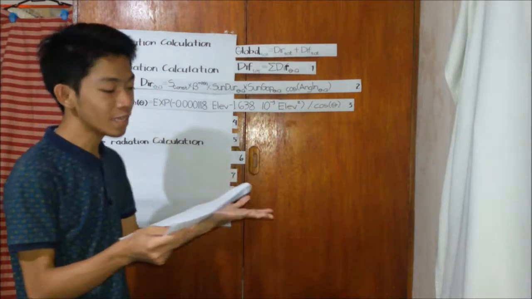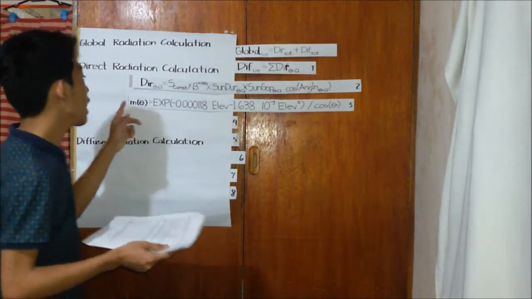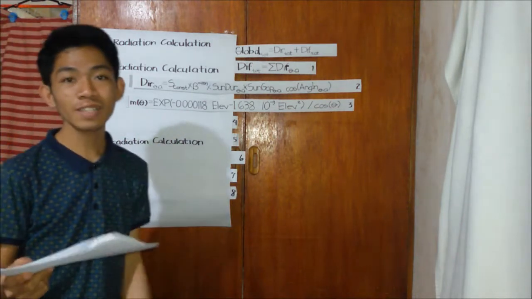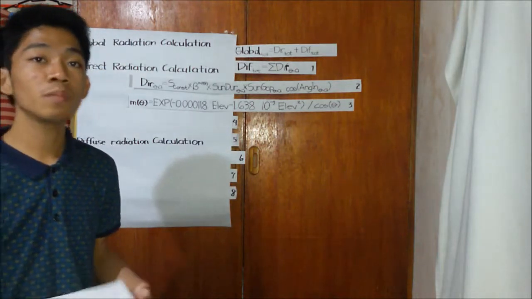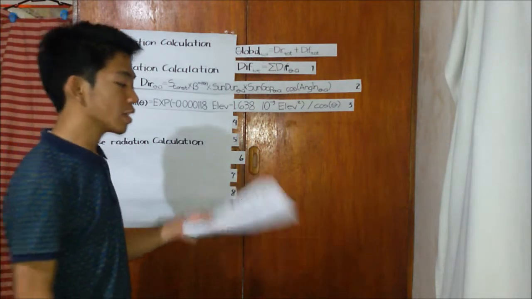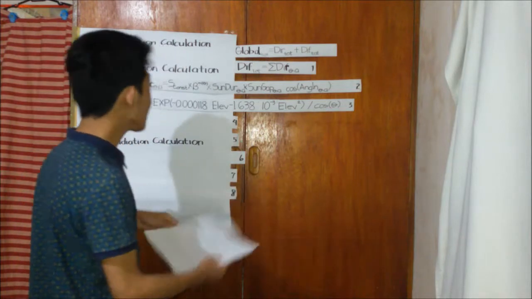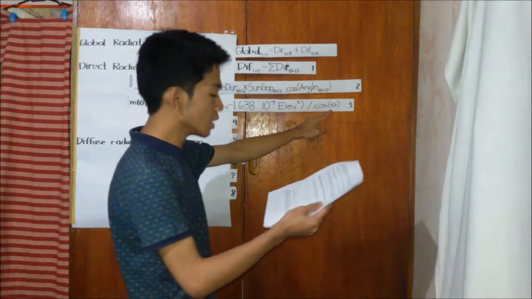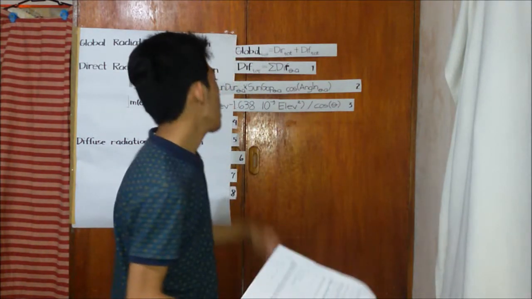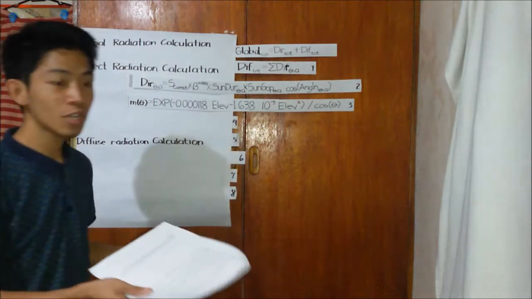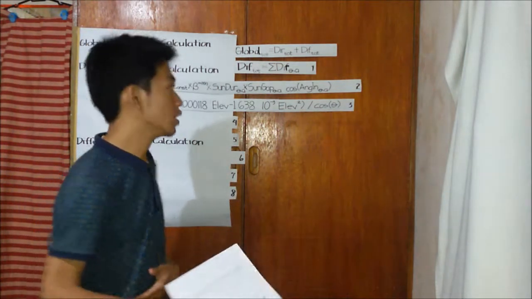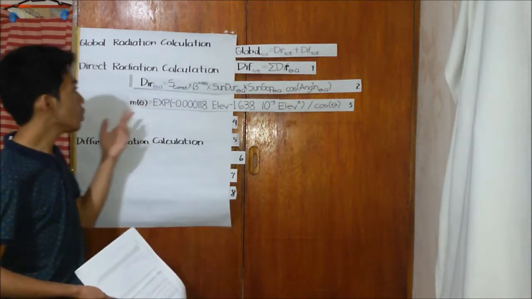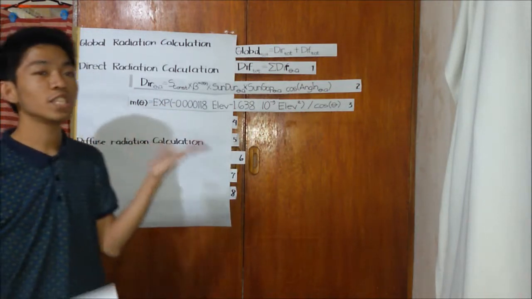The relative optical length, m of theta, is determined by the solar zenith angle and the elevation above sea level. For zenith angles less than 80 degrees, it can be calculated using this equation, where theta is the solar zenith angle and the other variable is the elevation above sea level in meters. That's equation number 3 for the direct radiation calculation.